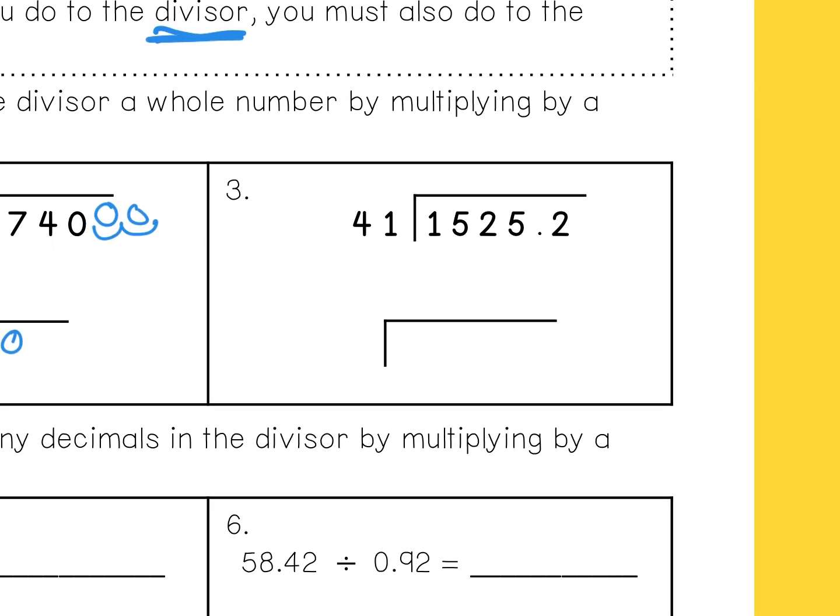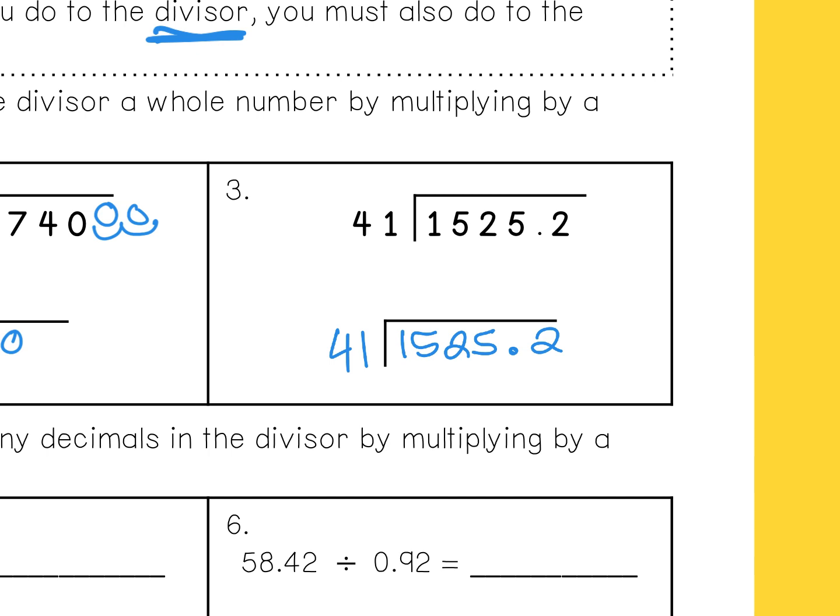Over here, looking at number 3, I have 41 as my divisor. There's no decimal there, so I can just rewrite it as 41 and then rewrite my dividend as 1525.2, okay?